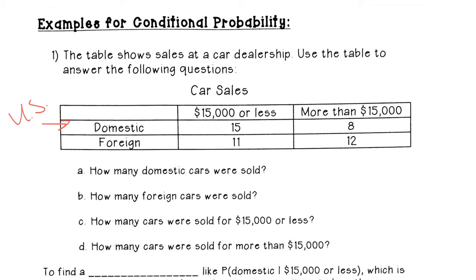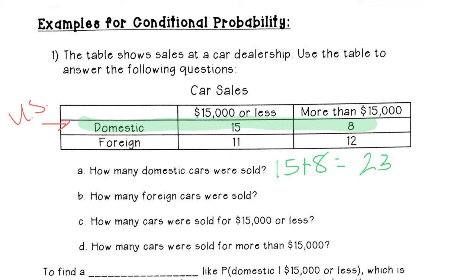So the first question it asks us is how many domestic cars were sold? If I look at the domestic column, it says 15 plus 8. So 15 plus 8 is 23 cars.